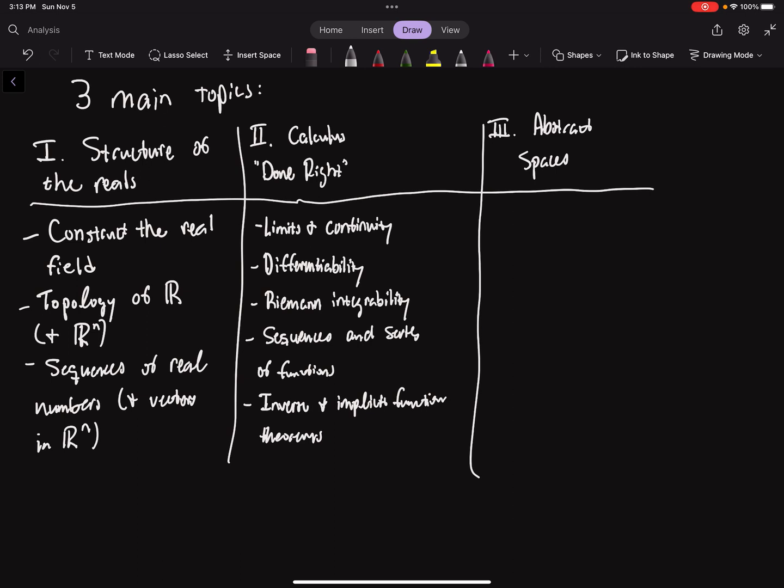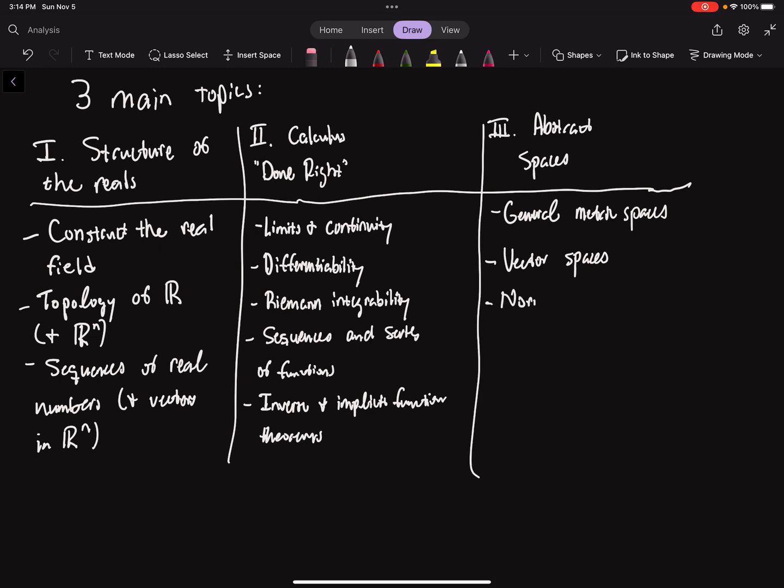So the first thing we'll look at probably is general metric spaces. We will look at vector spaces, at least briefly. There shouldn't be too many people watching this far into the series that make it to that point without knowing what a vector space is, but it's good to review it at least a little bit.